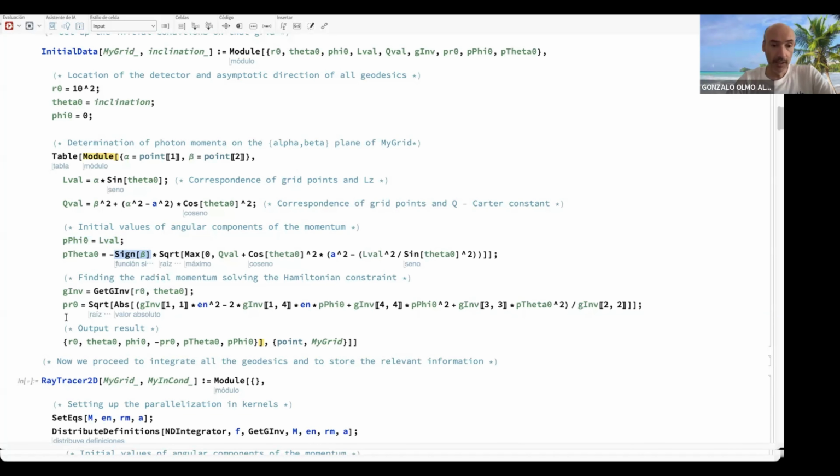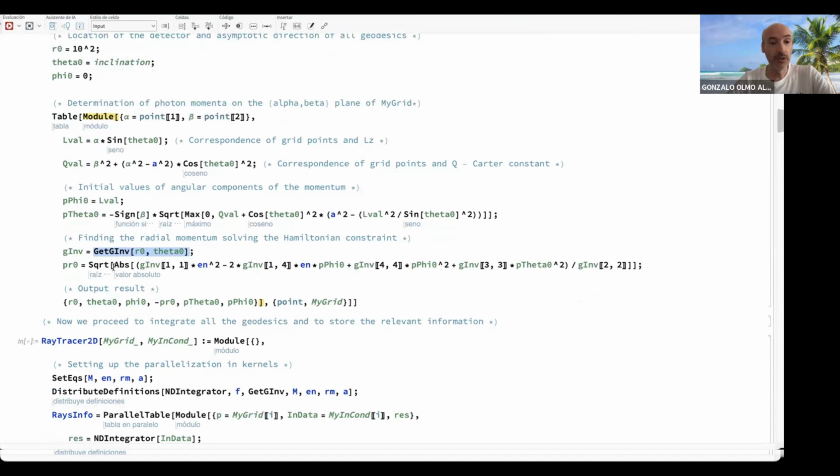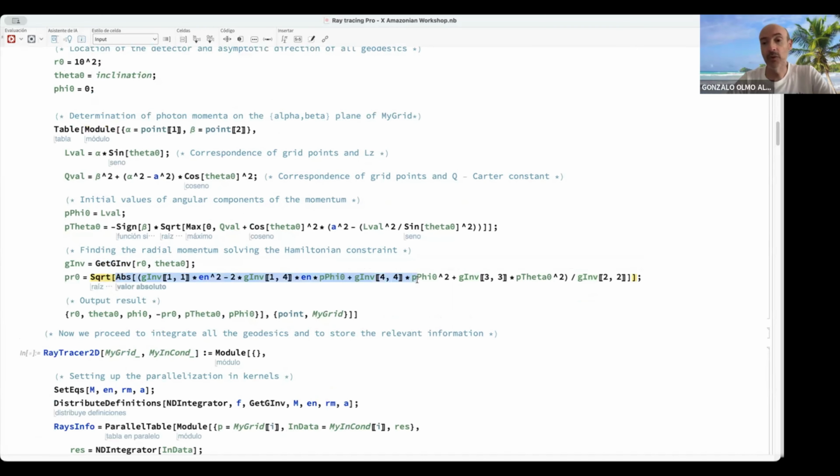Then to compute the radial momentum, we need to use the Hamiltonian constraint. For that, we need to compute the inverse metric, and then use the square root of the corresponding Hamiltonian constraint.